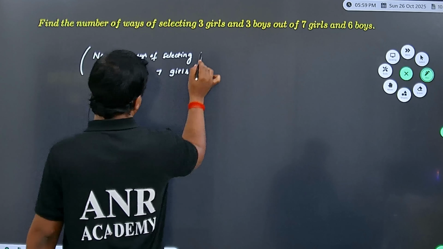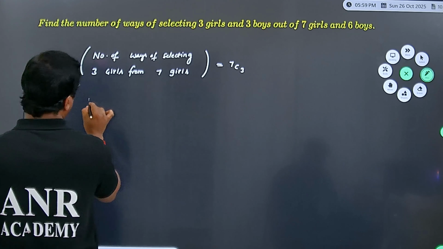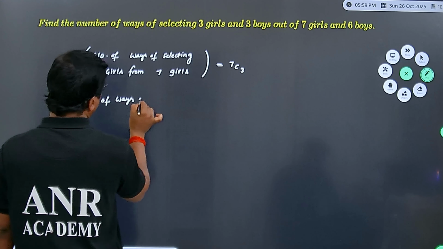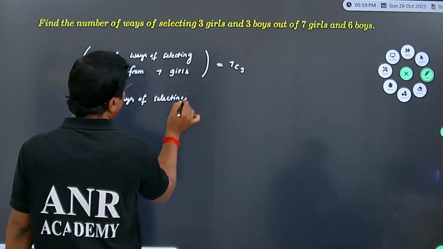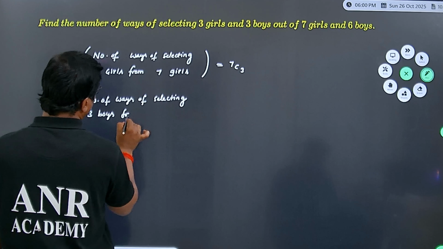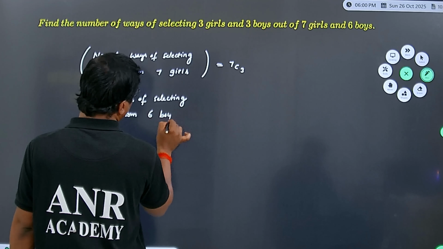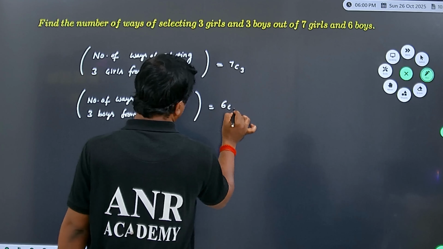This is 7C3. Next, the number of ways of selecting 3 boys from 6 boys. That is 6C3.